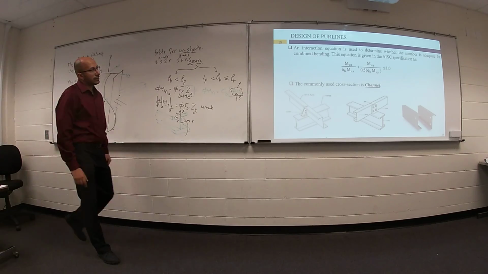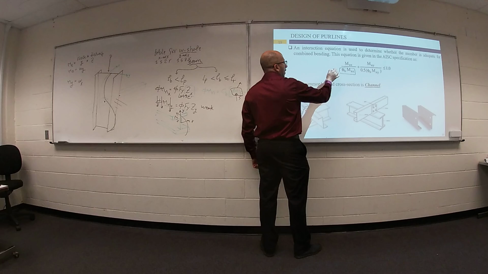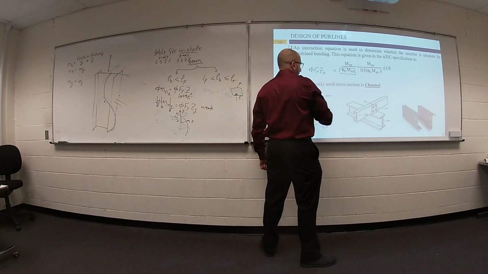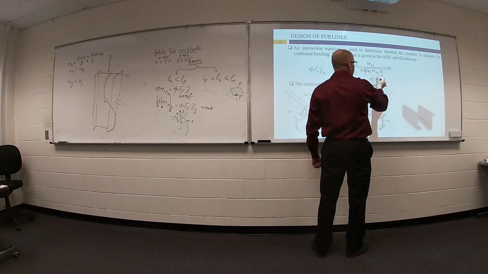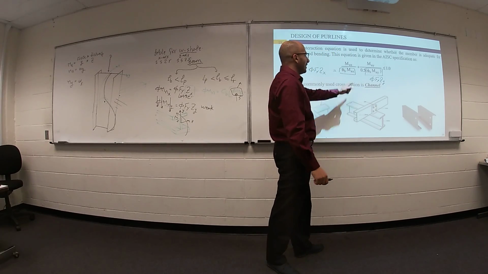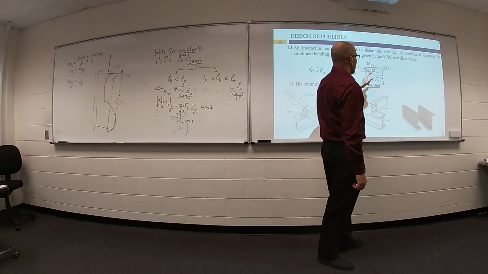The denominators: this term equals phi F yield Z X, and this term equals phi F yield Z Y. This number divided by this number plus this number divided by this number. Don't forget 0.5.